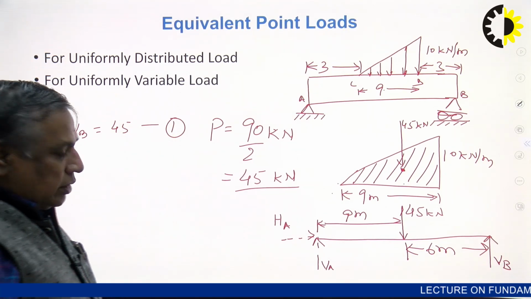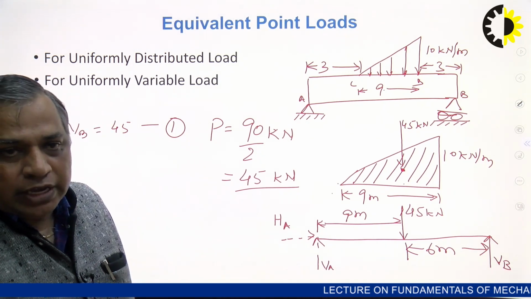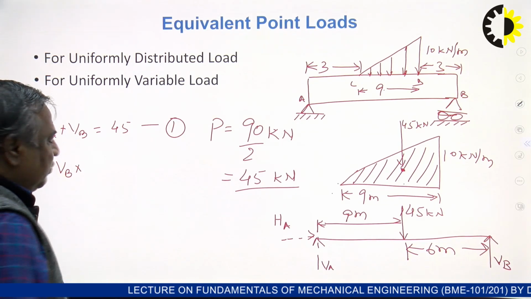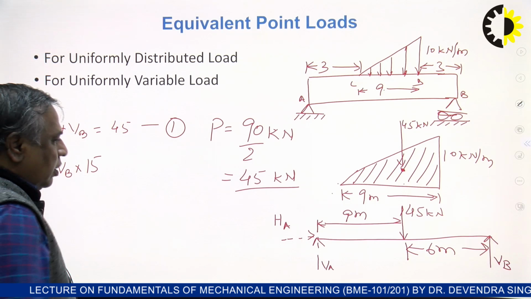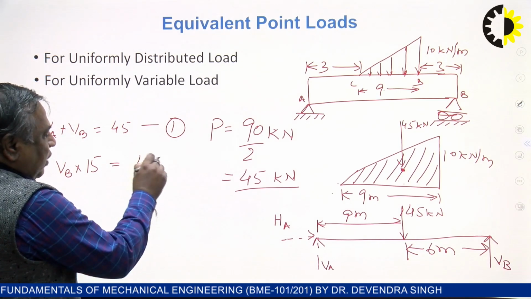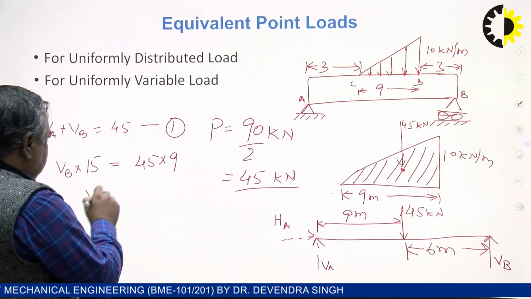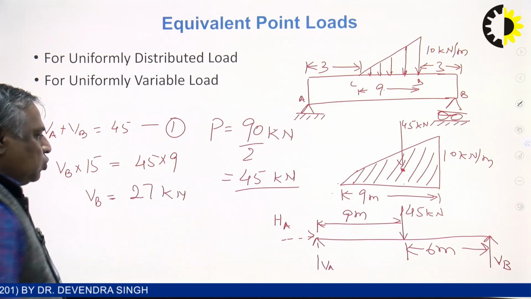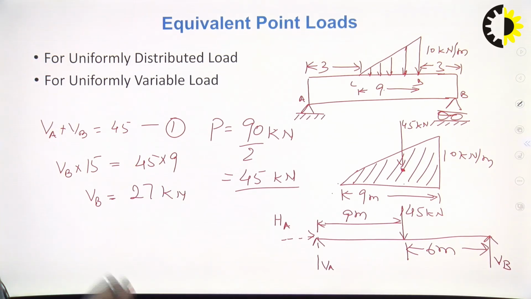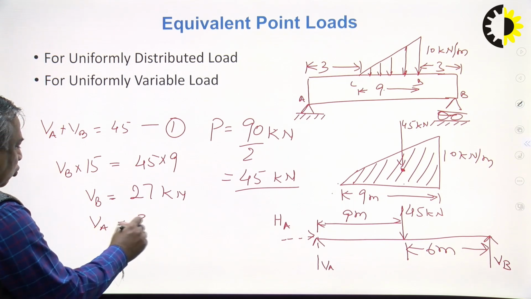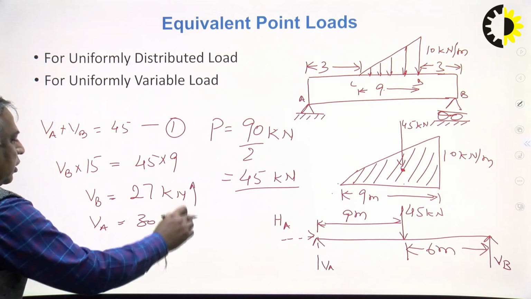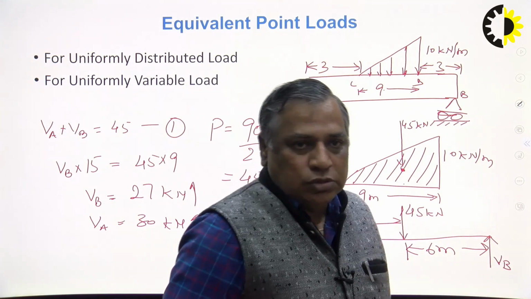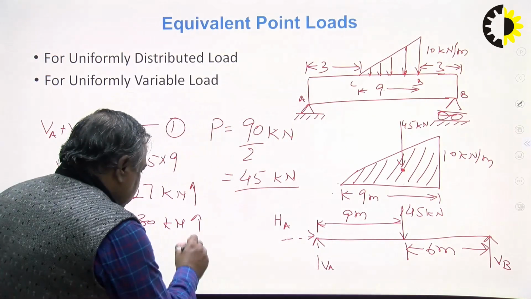Now I will make a moment equation about point A. So VB multiplied by 15, since 9 plus 6 is 15, is equal to 45 multiplied by 9. So VB is 45 into 9 divided by 15, which is 27 kilonewton, and VA is equal to 30 kilonewton. Both are positive, so upward. For HA, there is no horizontal force, so HA is equal to 0.